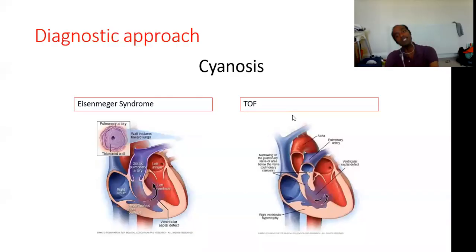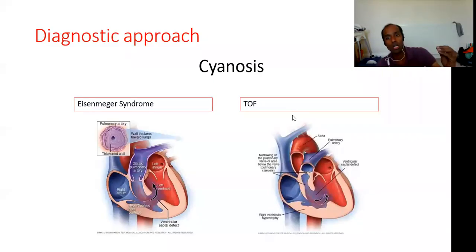So, cyanosis occurs. One important cause of cyanosis in adult medicine is Eisenmenger syndrome, where there is reversal of a shunt. And this is due to pulmonary hypertension. Underline that, very important, because of the left to right shunt, the increase of blood to the right side ultimately results in pulmonary hypertension.